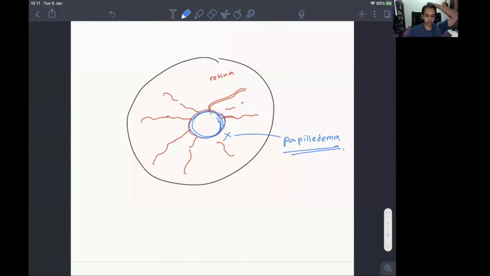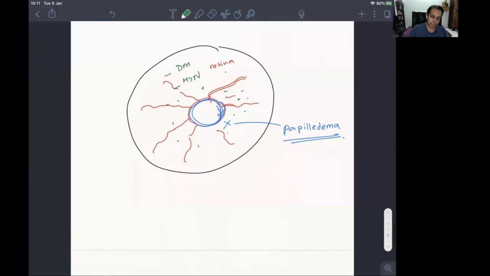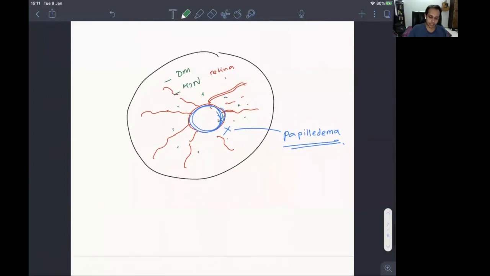So this is what we want to see. There are other things that we look for. You look for diabetic changes, hypertensive changes, all the cotton wool spots and flame-shaped hemorrhages in the retina. You look for disc margin, disc edema, and disc pallor.